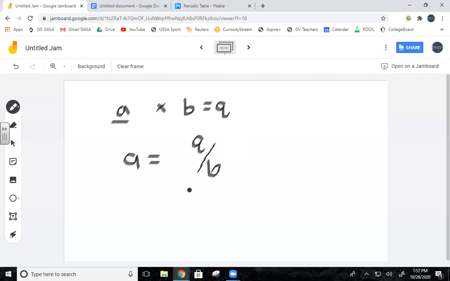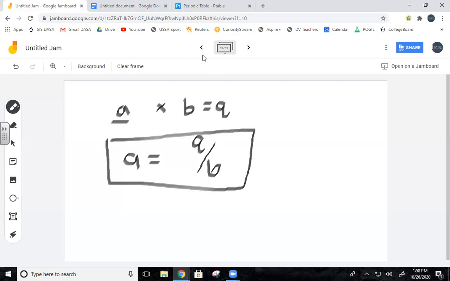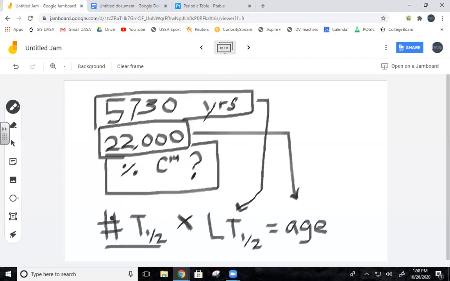Do we see how this works? So now that we have this equation figured out, how are we going to determine the number of half-lives?